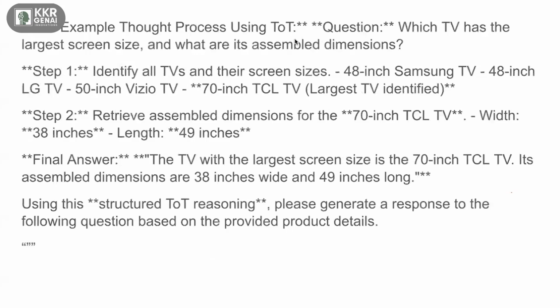Let's take this as an example: which TV has the largest screen. In step one, I'll identify all the TV screens, and then in one chain itself, if I have three TVs, I'll retrieve the length and width of each TV mentioned in the question, and then I'll compare.